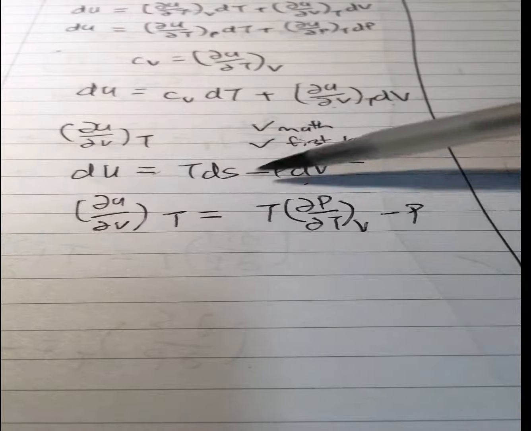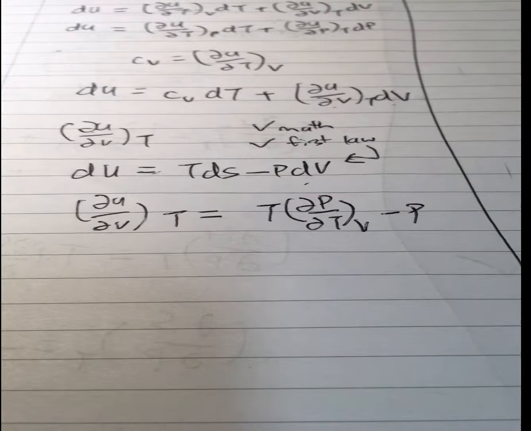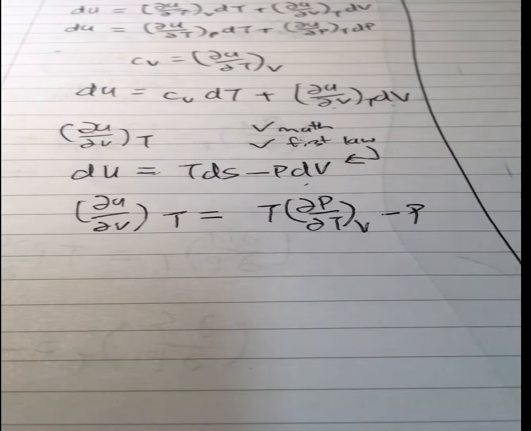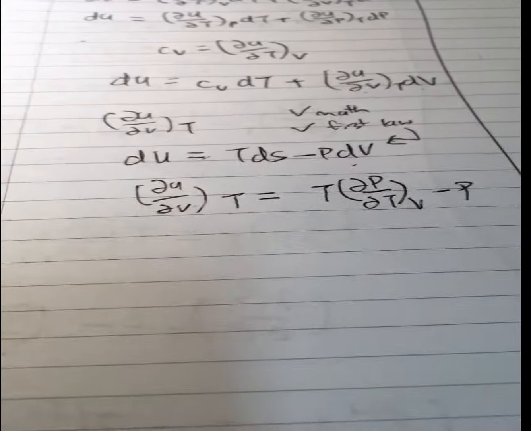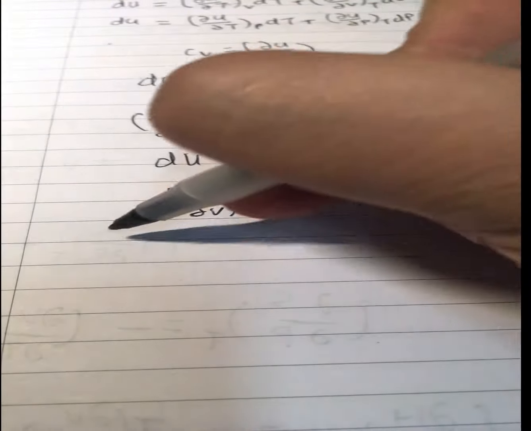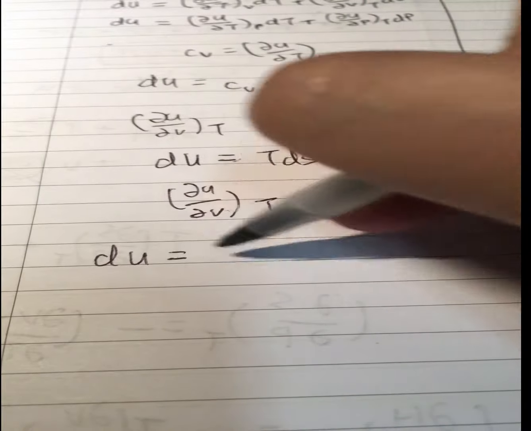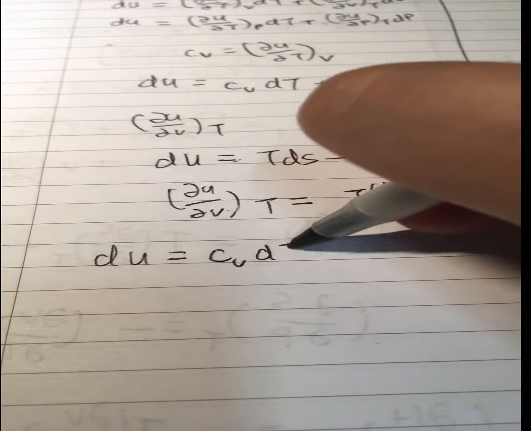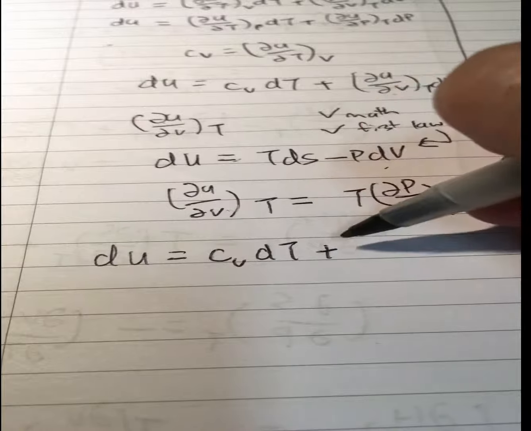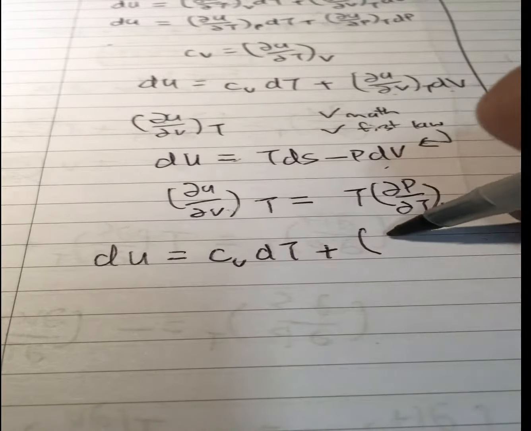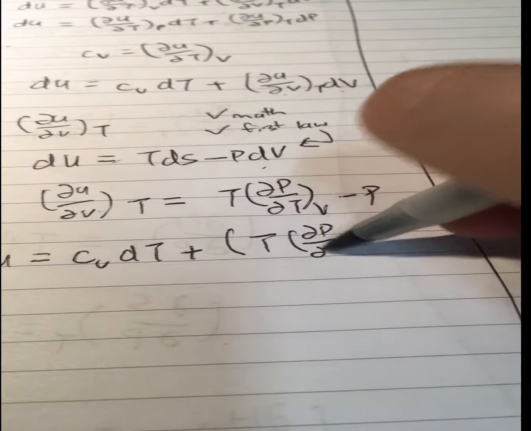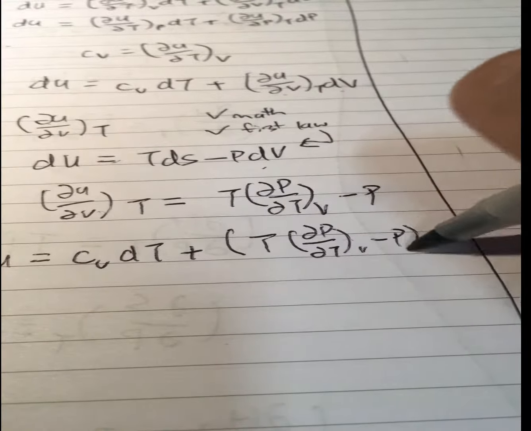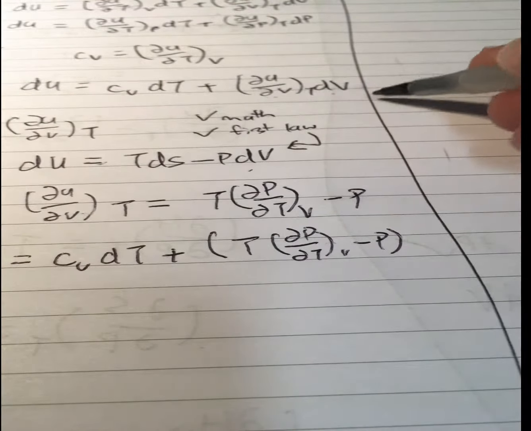This one becomes 1 and yep, you get the drill. Alright, so we have this, which we can just substitute back in here. And there you go. dU equals CV dT plus whatever this is, and dV.